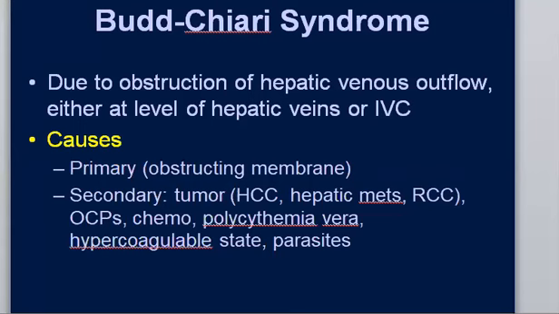This is what you mentioned, the spider web appearance on angiography. So this is the typical appearance in angiography: when you find a network of collateral vessels, then you are going with Budd-Chiari syndrome.